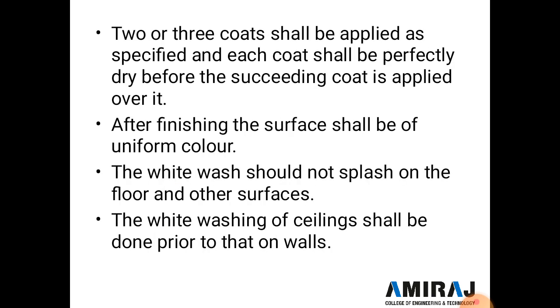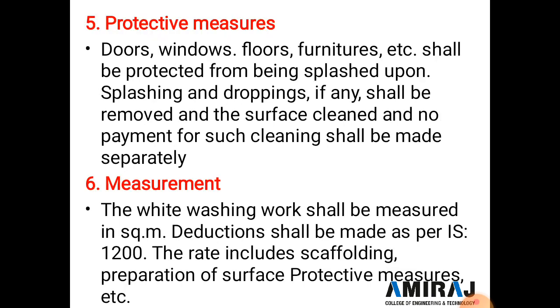Two or three coats shall be applied as specified, and each coat shall be perfectly dry before the succeeding coat is applied over it. After finishing, the surface shall be of uniform color, and the whitewash should not splash on the floor and other surfaces. The whitewashing of the ceiling shall be done prior to that of the wall.